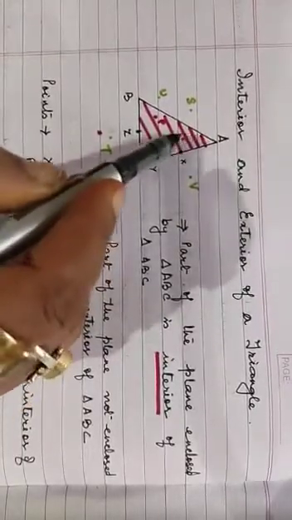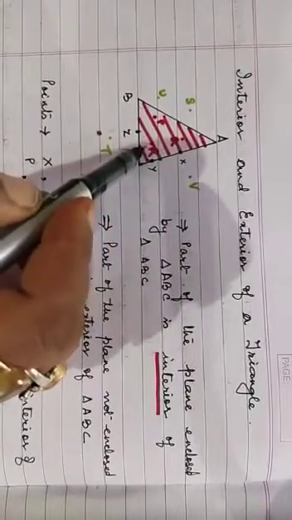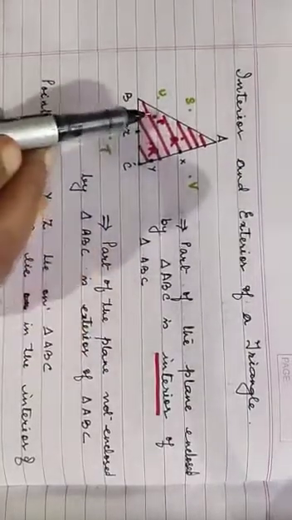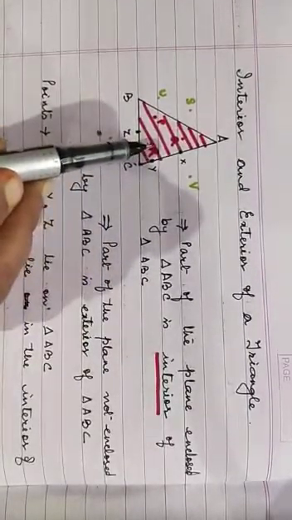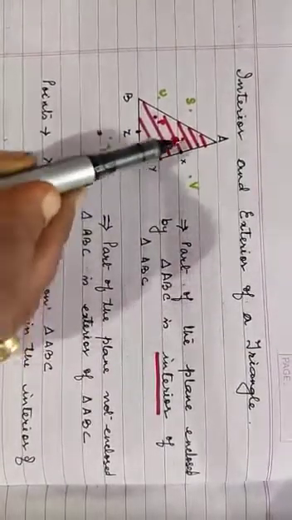I have shaded the interior with orange color. All the points that are lying inside the triangle are known as the interior of triangle ABC.